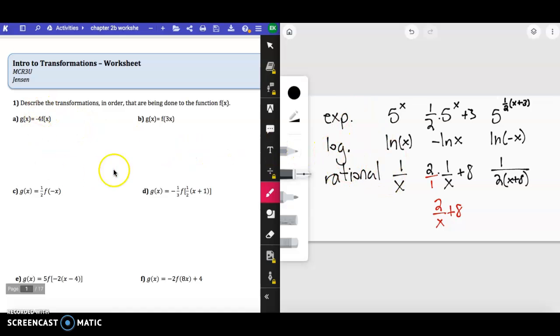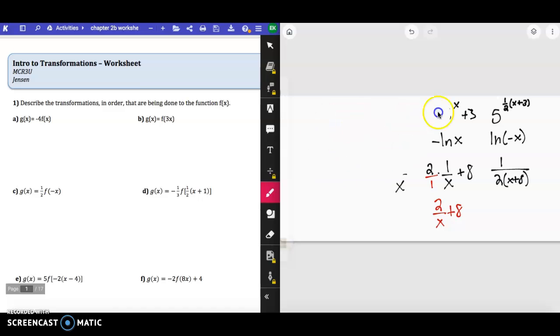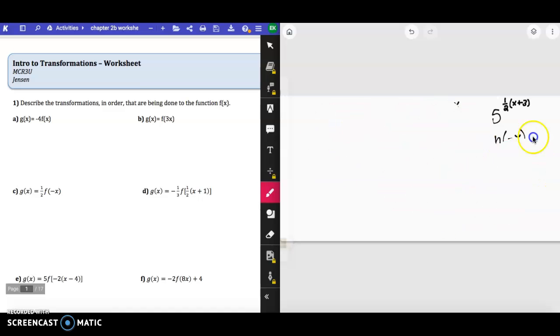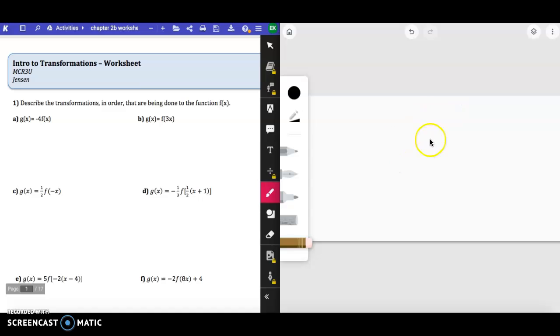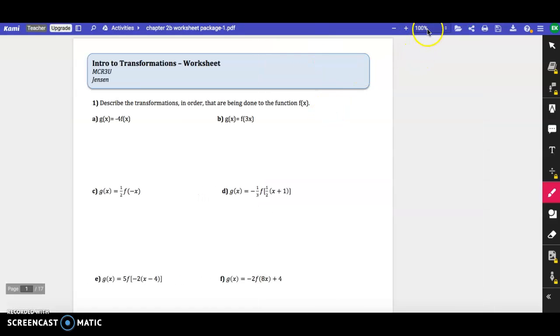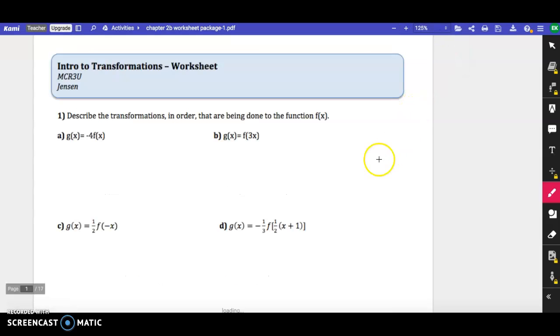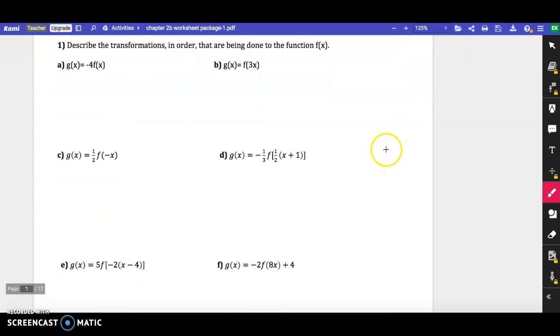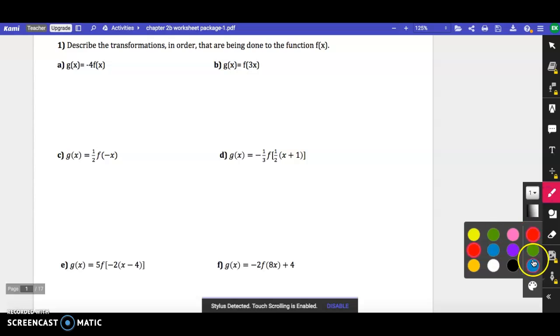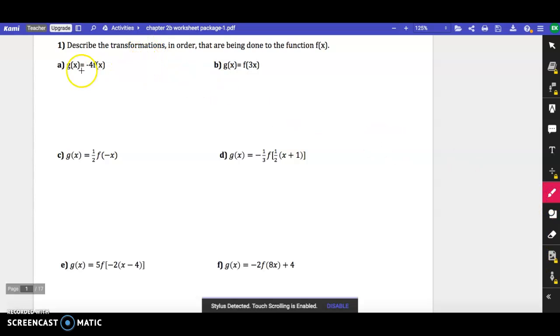And now we're just going to look at some generic stuff and be able to identify transformations from the equations. Okay? I actually think I can make this bigger now. There. All right, so for these transformations, I just describe the transformations in order they're being done in the function. I don't necessarily need them to be in order when you describe them for me, just as long as you name all of them.